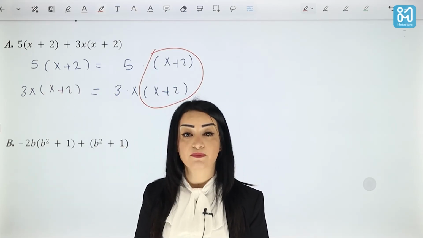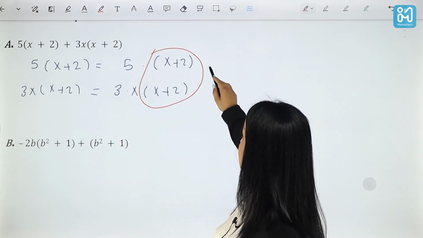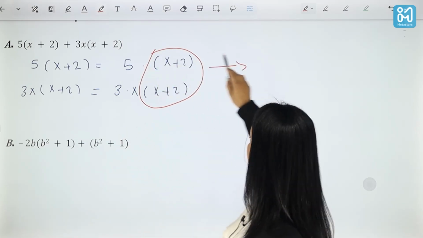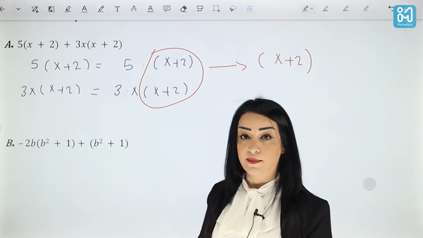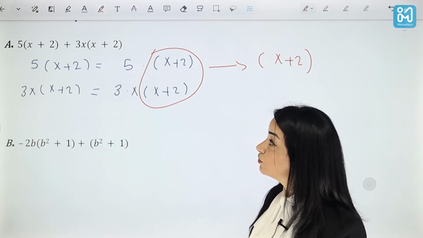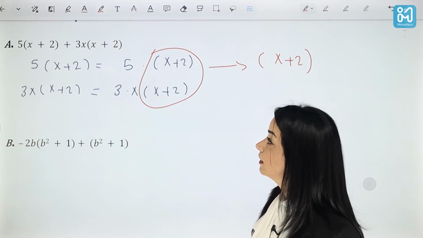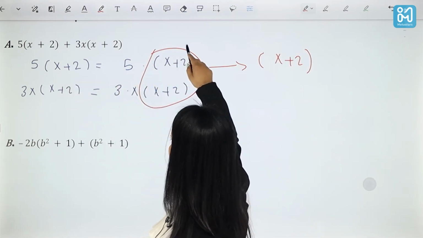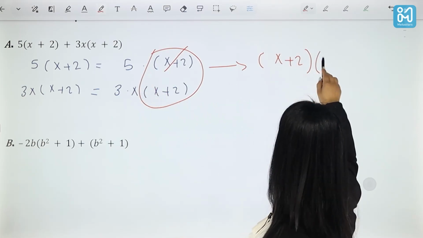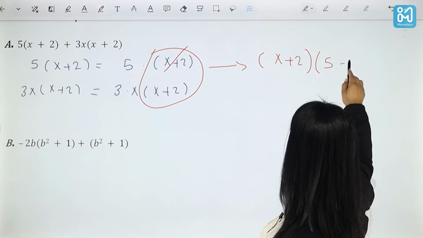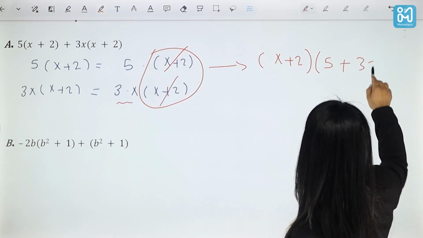So can I take x plus 2 out as a common factor between the two terms? Yes, I can. Then what I have left, I open the parentheses: from the first one is 5, then plus, from the second one, it's 3x.